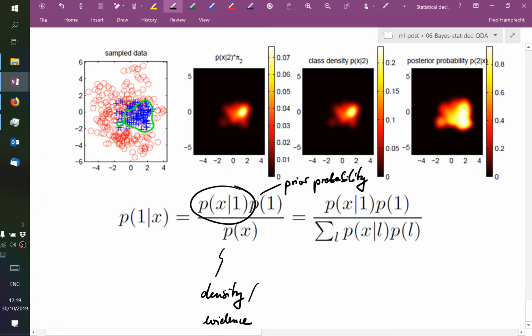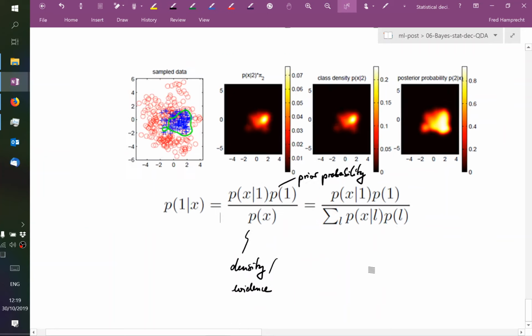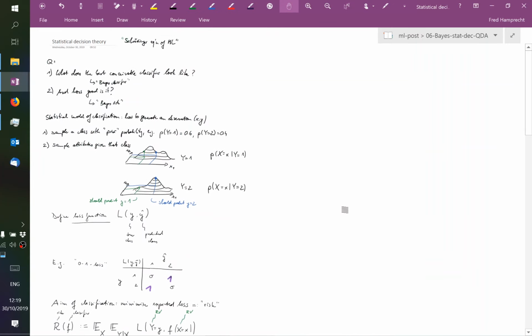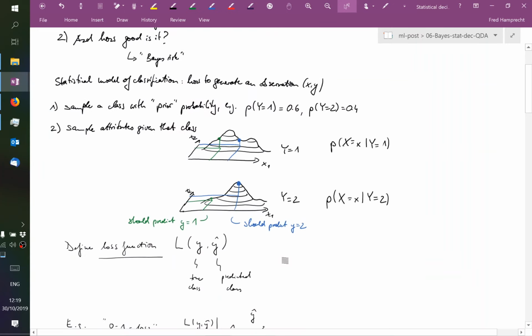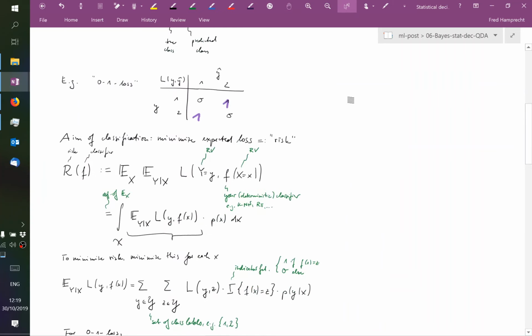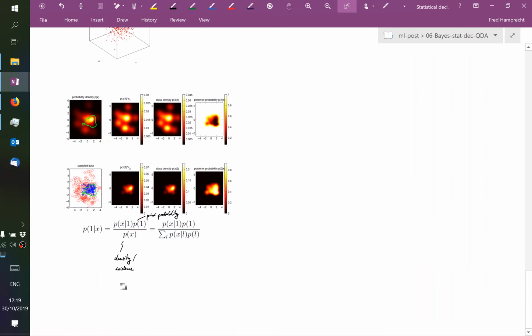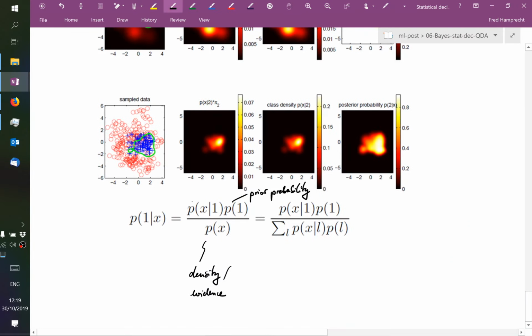Then up there, we have the probability of X given that we have class 1. Let me scroll way back up. See these things that I had drawn here? These were the probabilities of X given that we know that this is class 1 or X given class 2. These were what these pictures were about. I'm going back down. This would be the class density.